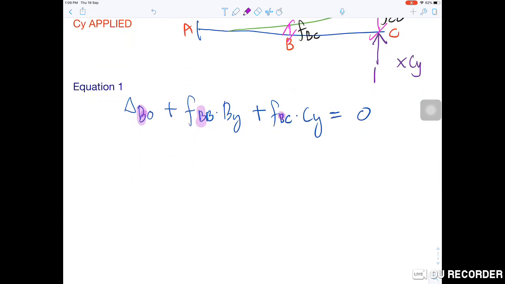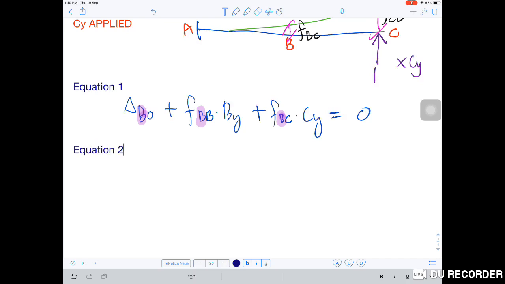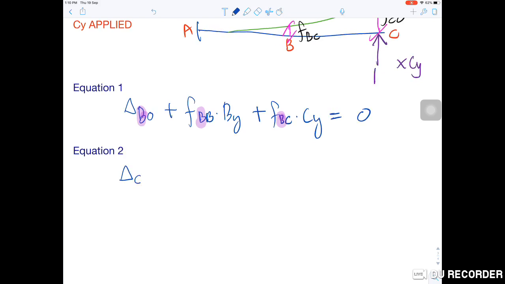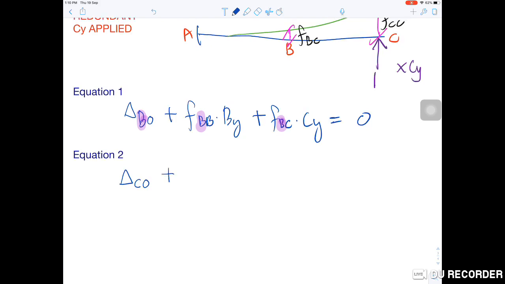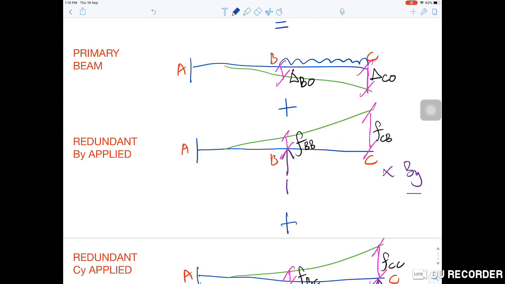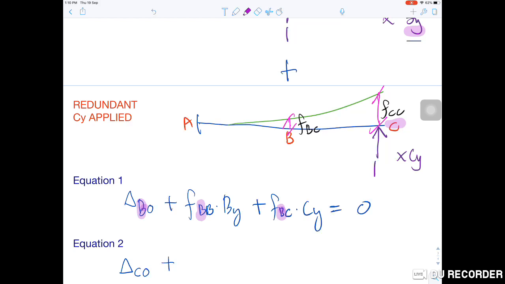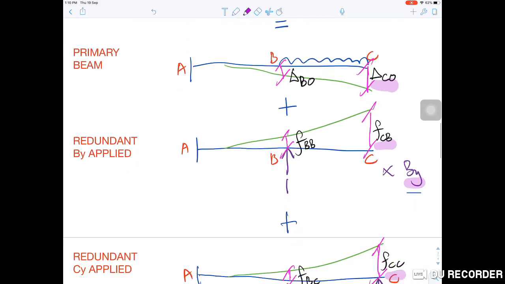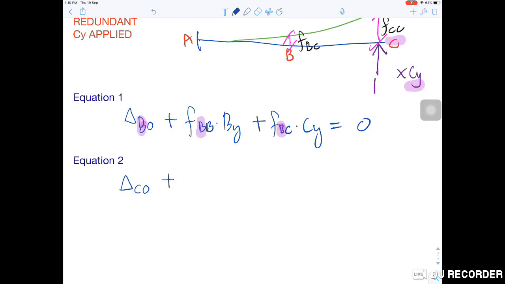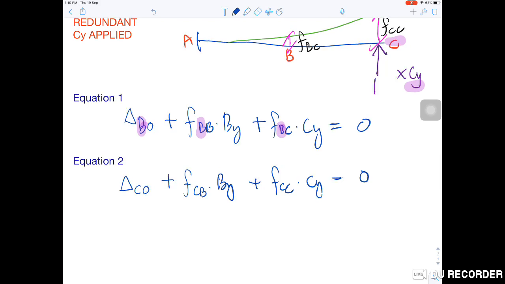For equation number 2, it is delta at position C for the primary beam plus FCB times BY plus FCC times CY, and this is equal to 0.